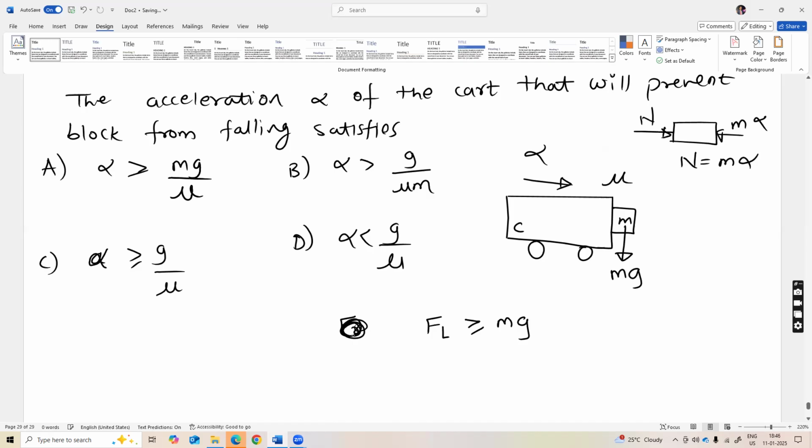The limiting frictional force Fl is mu into N, so it becomes mu m alpha. It should be greater than or equal to mg. So mu m alpha is greater than or equal to mg. The m gets cancelled, so alpha should be greater than or equal to g upon mu.